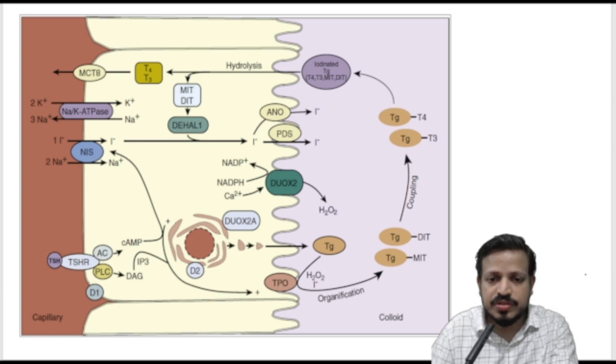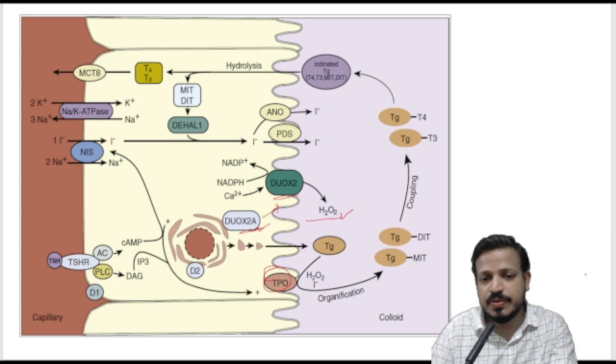So these are the two enzymes: TPO, thyroid peroxidase, and DUOX2. DUOX2 helps in the production of hydrogen peroxide, and another factor is the maturation factor DUOXA2. It helps in the maturation of DUOX2, which leads to its function of producing H2O2.